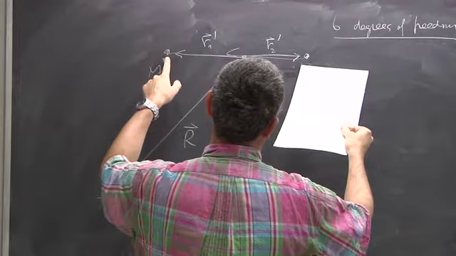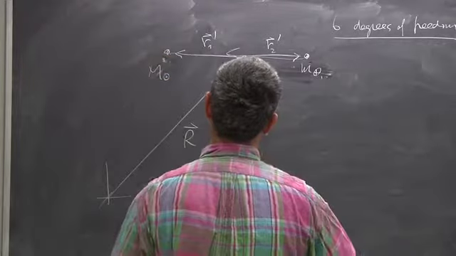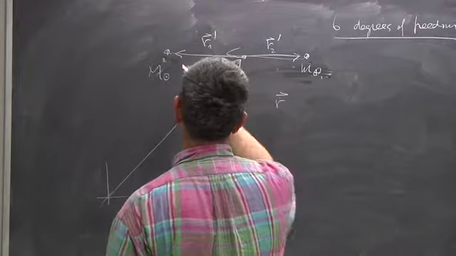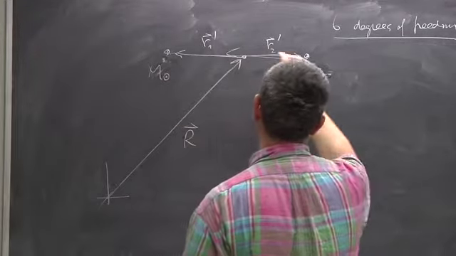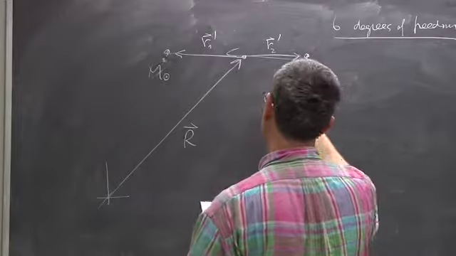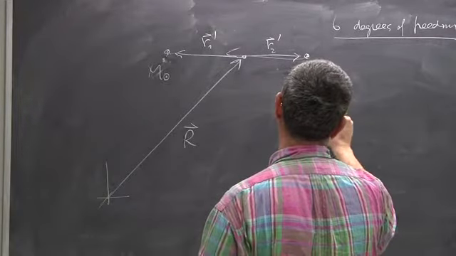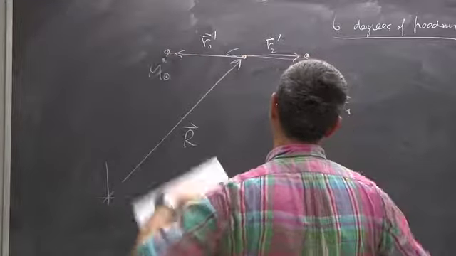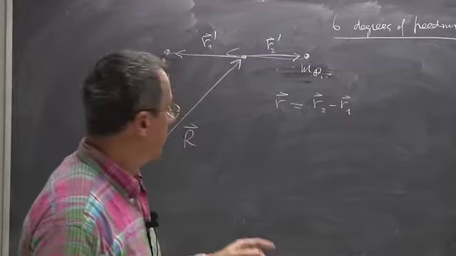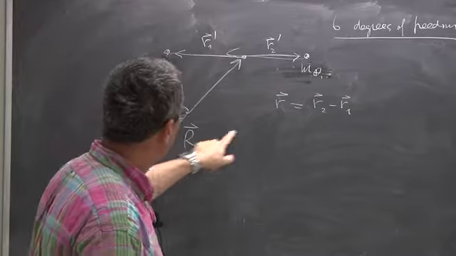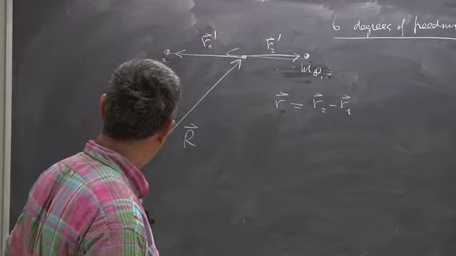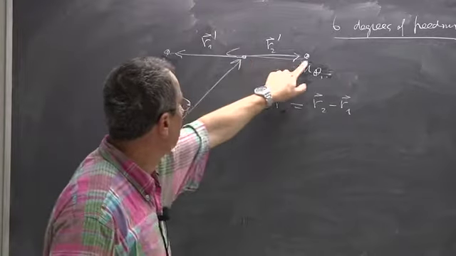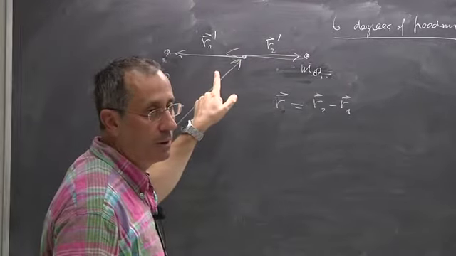So if you wish, I have a constraint, and really R, that I call little r now, the distance between these 2, is just a difference, because they are pointing away, okay? So really, I have 6, because I only have 2 vectors: the vector that points to the center of the mass of my system, and the vector that tells me the distance between the 2 points, right?